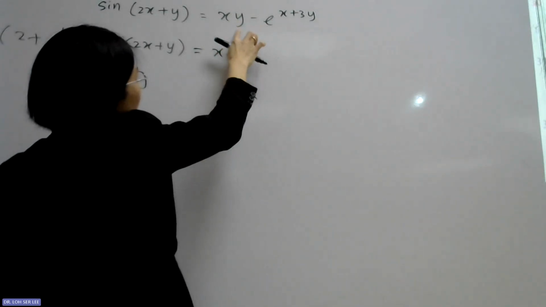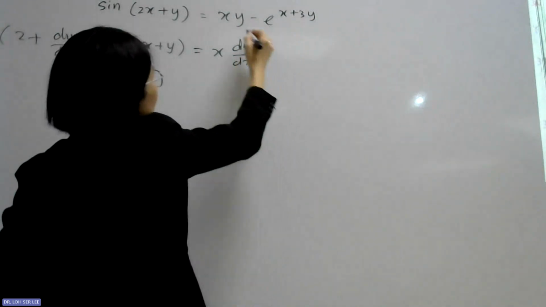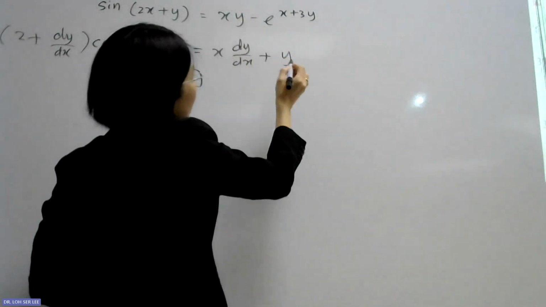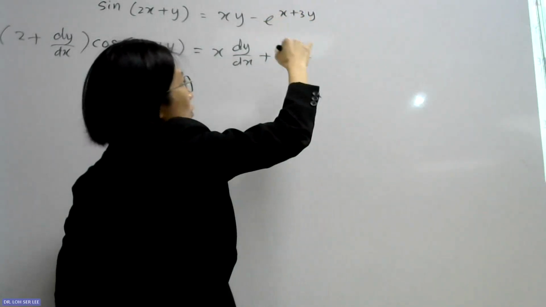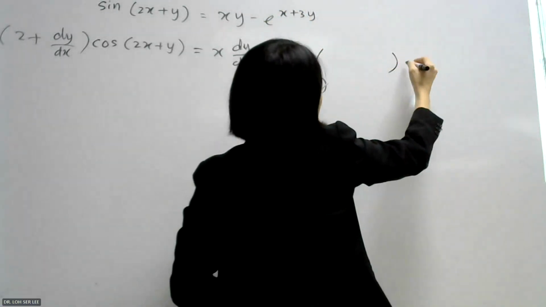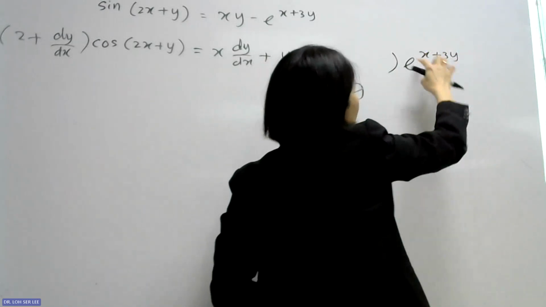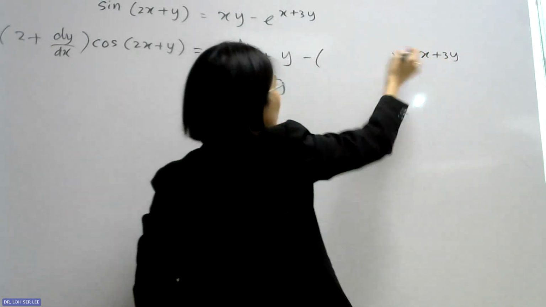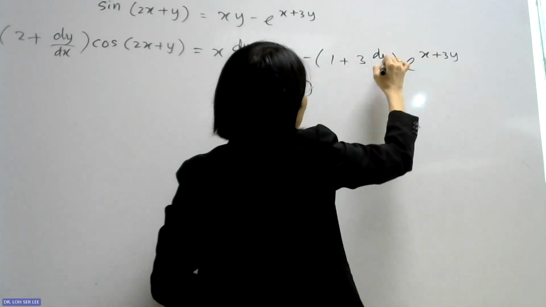Copy, differentiate y with respect to x, dy dx plus copy y, differentiate x, you get 1. Okay, minus differentiation of exponential function. We get the exponential function, and then we differentiate this one with respect to x. We get 1 plus 3 dy dx.